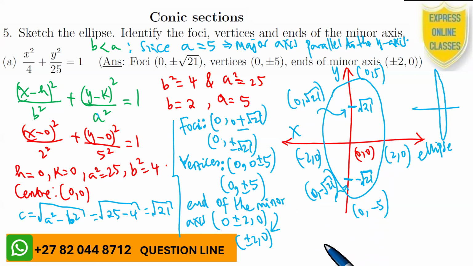All right. So now this is what the ellipse is going to look like for the foci, the vertices, and what you call the ends of the minor axis. Okay, now let us look at the next question.